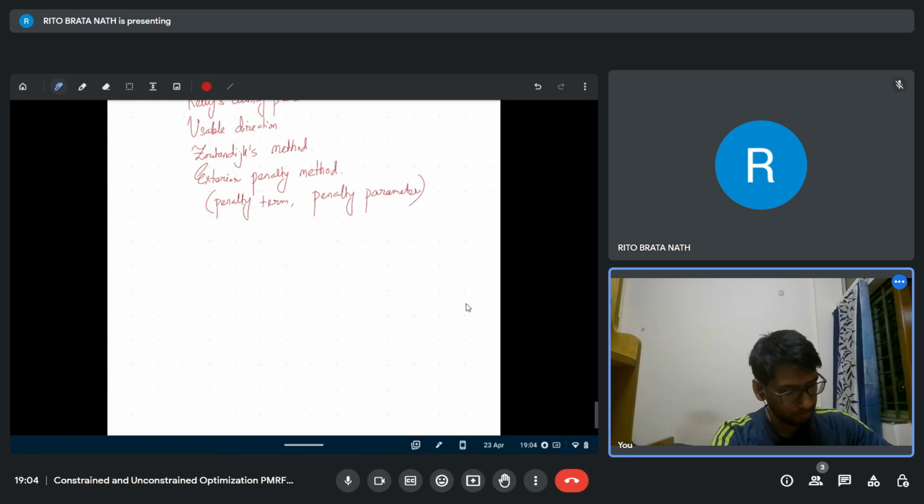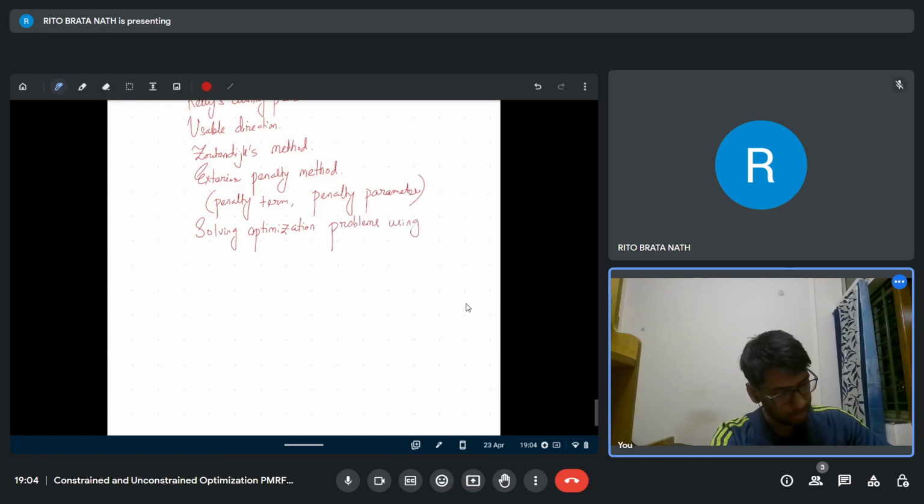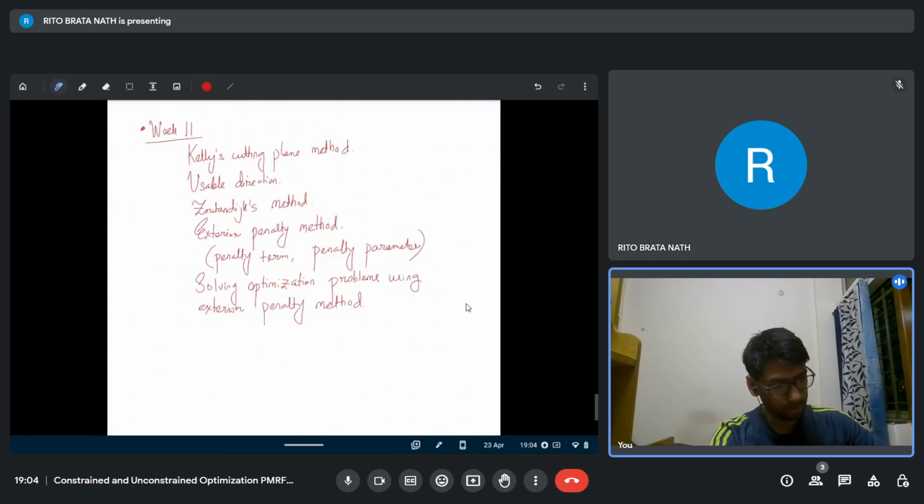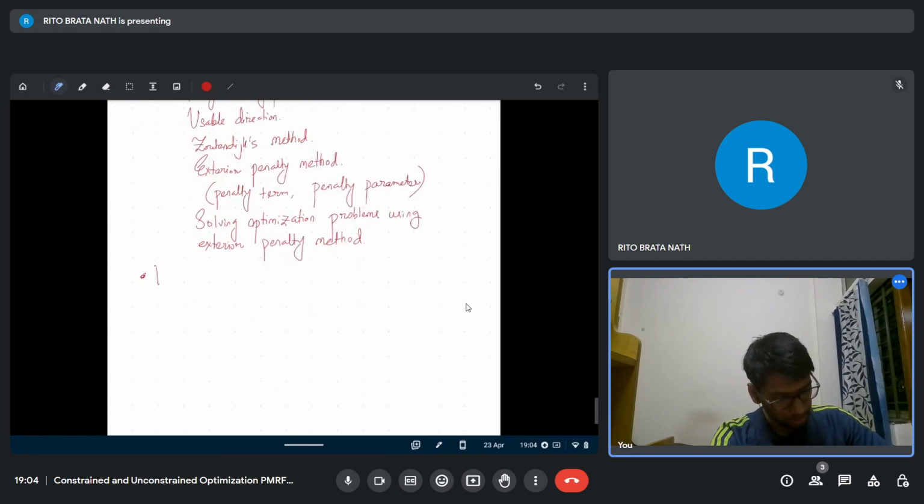Then solving optimization problems using the exterior penalty method. Okay, so that was all about this week 11. I'm not going into the details of it.